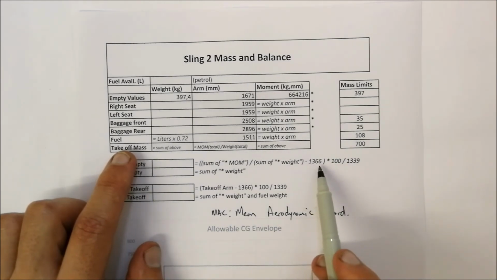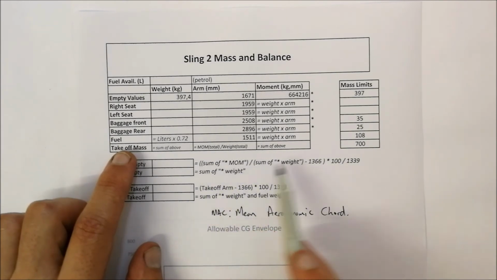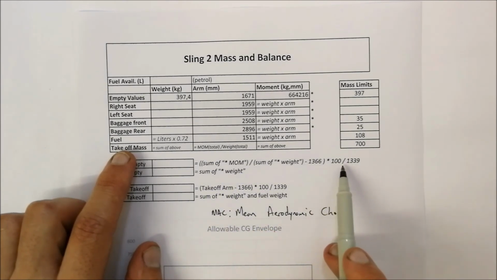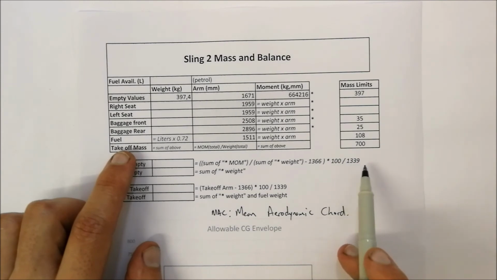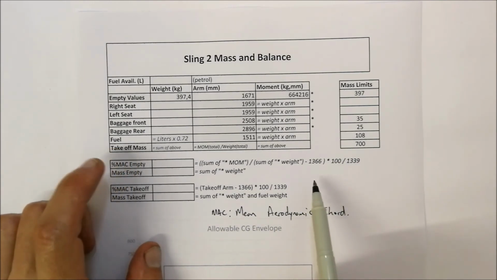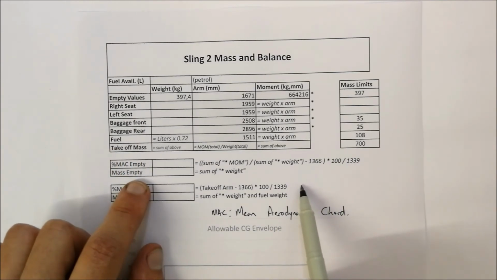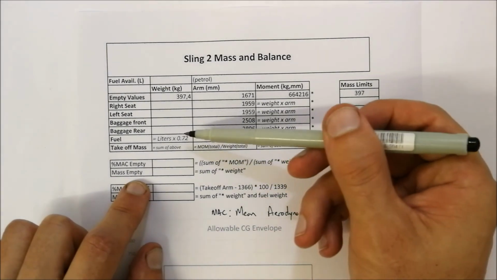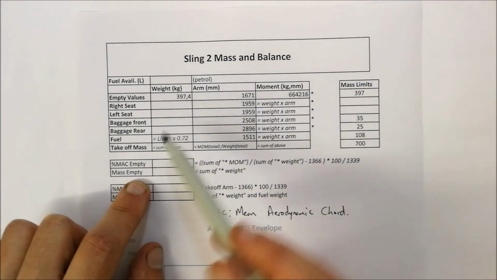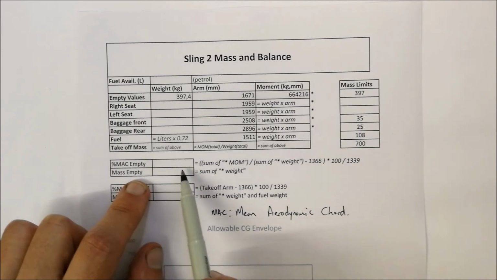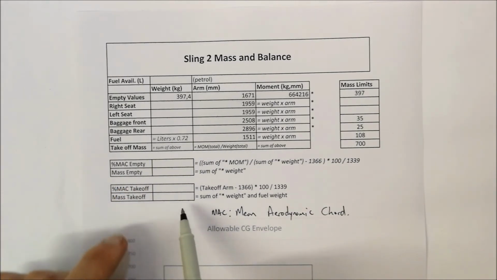Minus 1366, and then all of that in brackets multiplied by 100 and divided by 1339. Okay, and then the mass of it being empty is, again, we're just adding up all these values except for the values of the fuel, and we'll place the value over there.